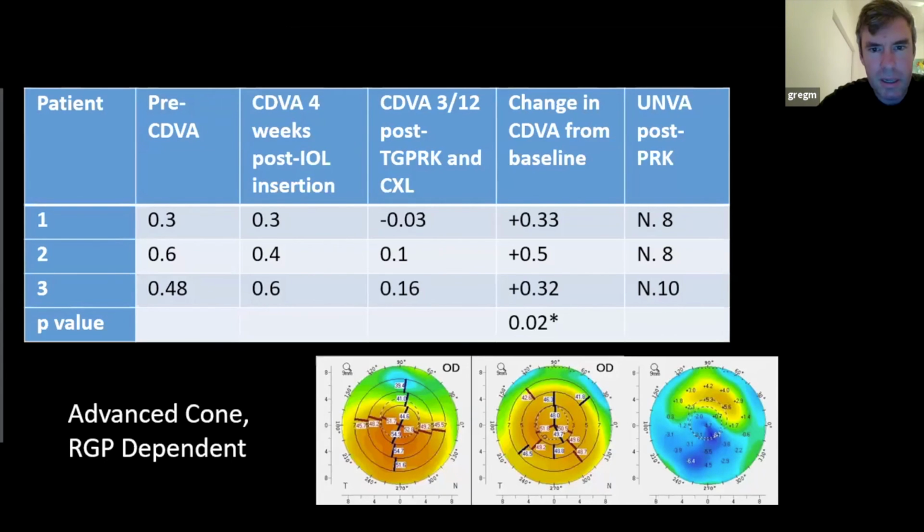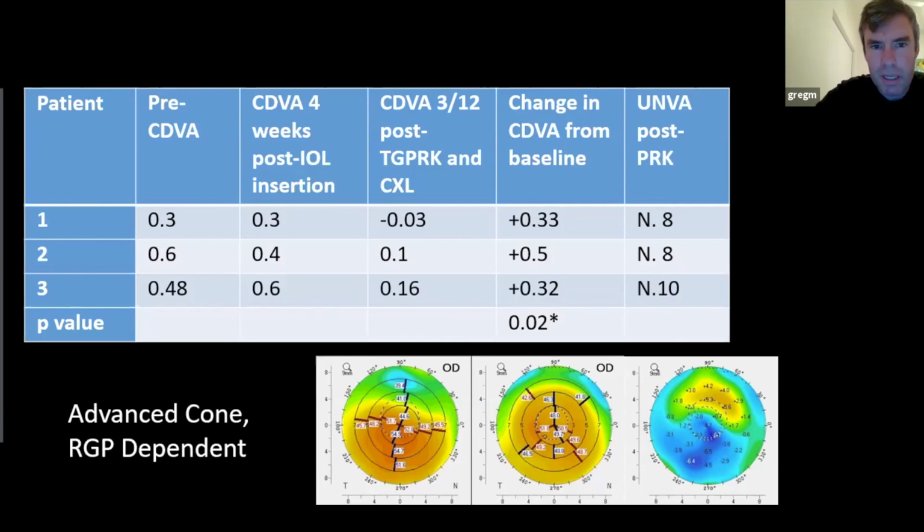This is a small series we're about to submit to the Journal of Cataract and Refractive Surgery, which was the use of a 2-step procedure in contact lens dependent keratoconics. These were 3 patients who had very high refractive error, myopia in the -10 or below range, all dependent on rigid lenses for vision.